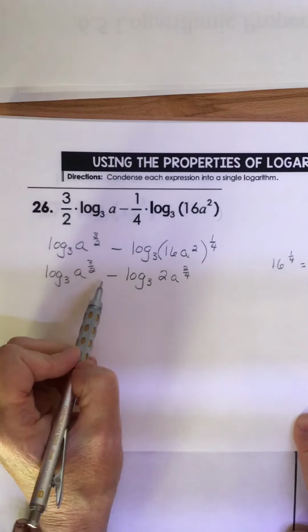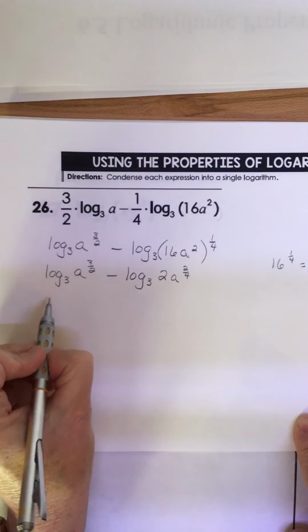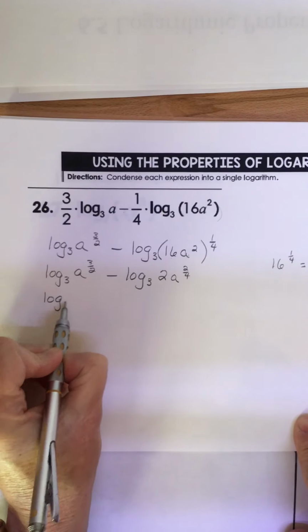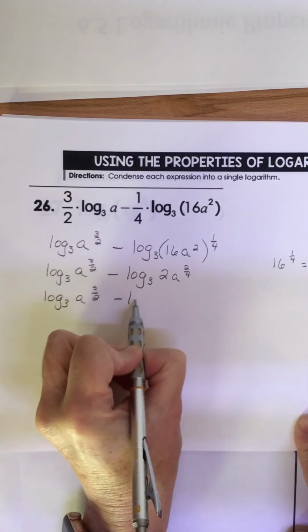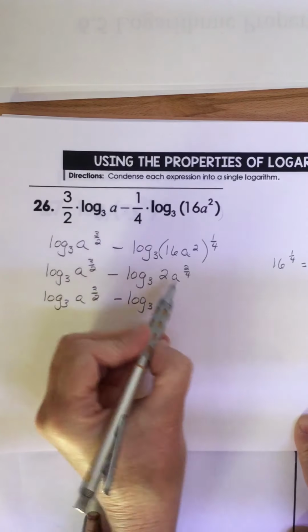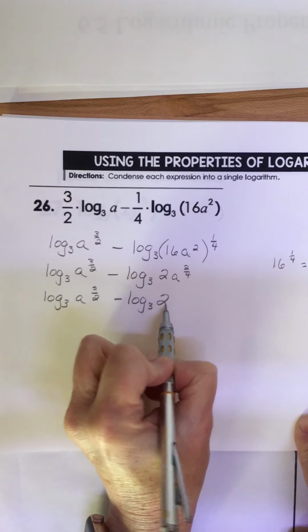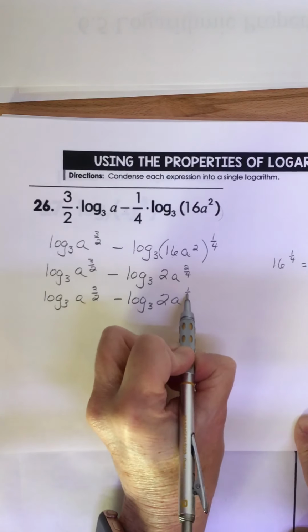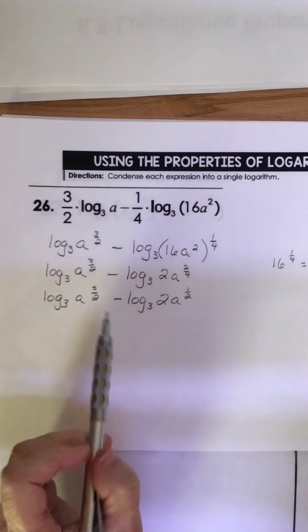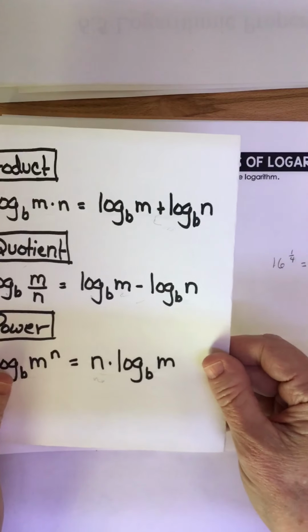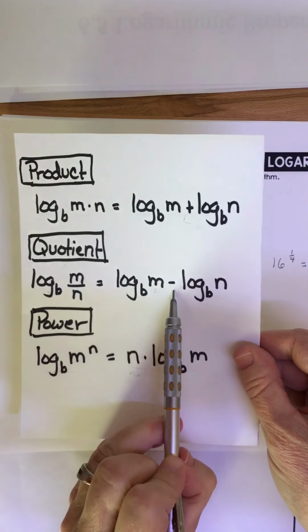Okay, so let's go ahead and write that out. Log base 3 of a to the 3 over 2 minus log base 3 of 2a to the 1/2 power. So now, since we've got subtraction right here, we're going to be using the quotient property.